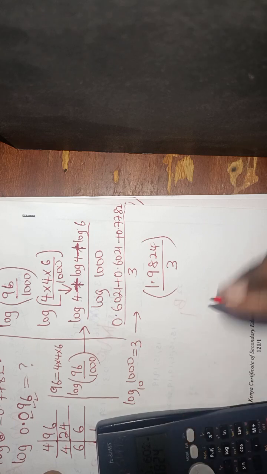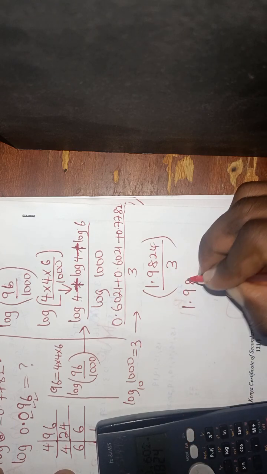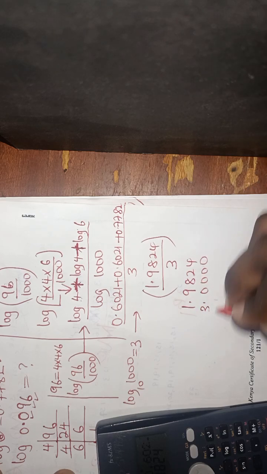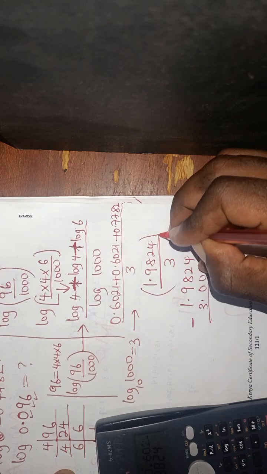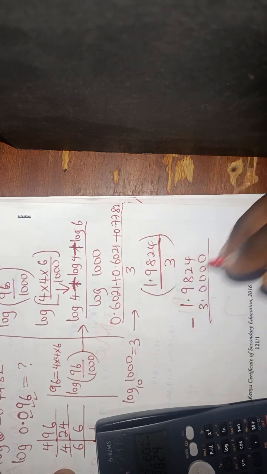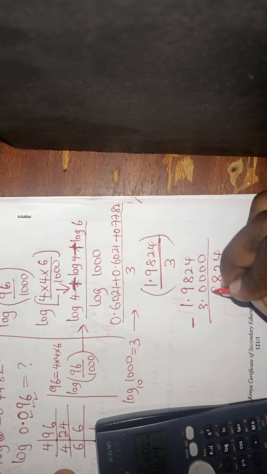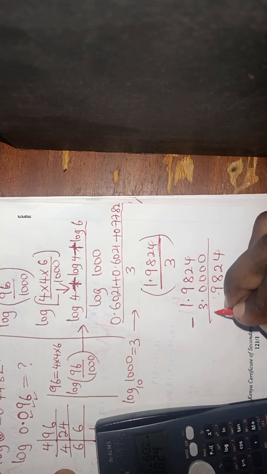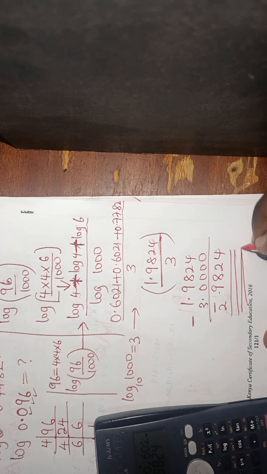So at the end of the day we have 1.9824 less 3.0000. We are subtracting because division changes to subtraction. So we have 4, 2, 8, 9. 1 less 3, we don't say negative 2, we say bar 2. And that becomes our final answer.